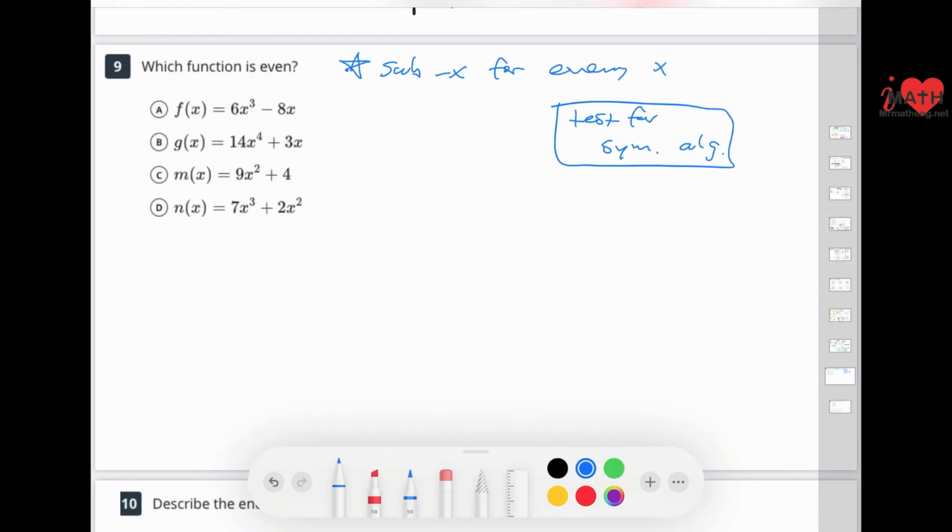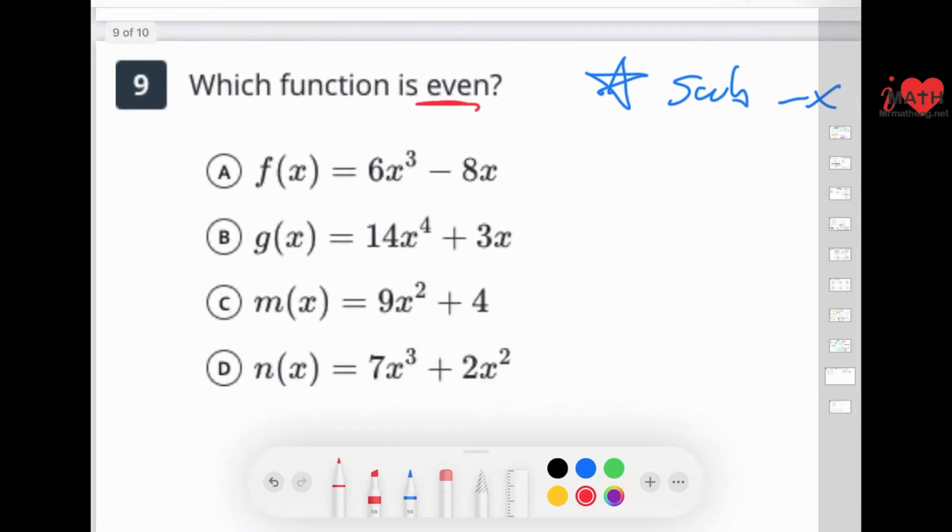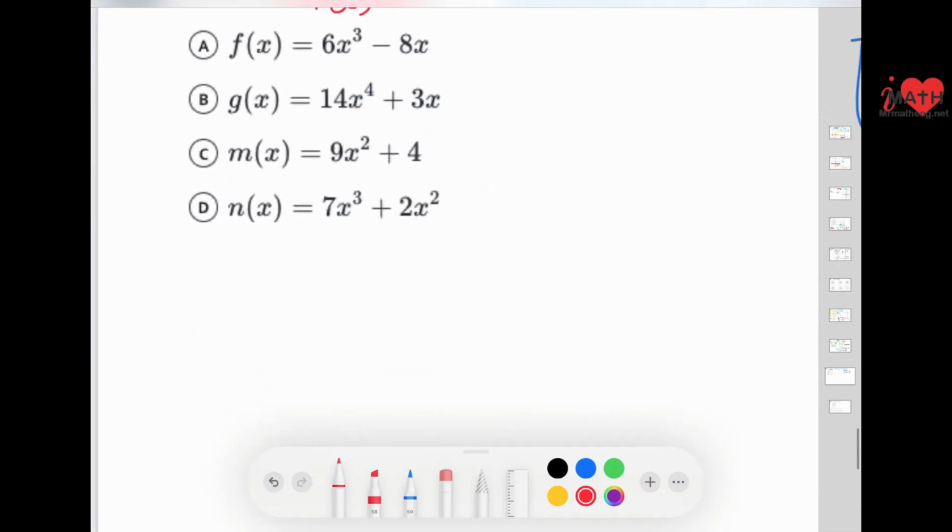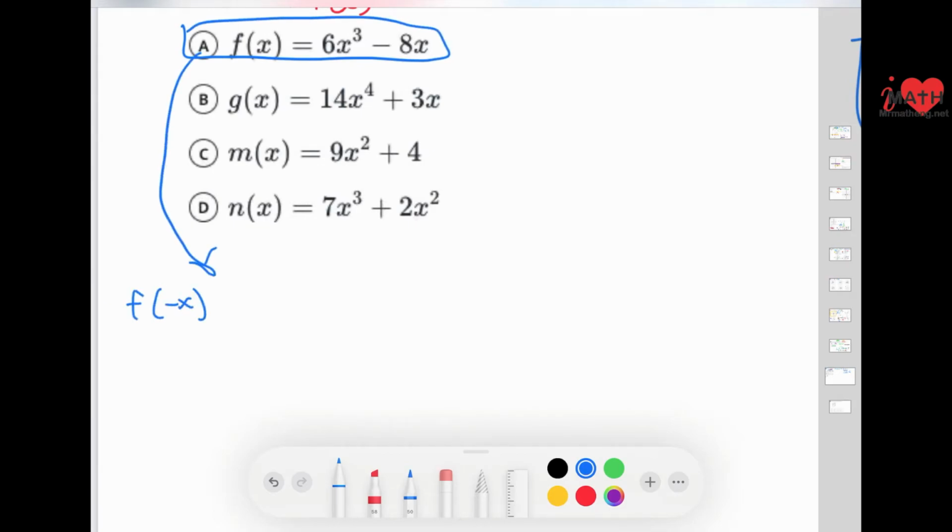It wants to know what an even is. An even basically says that you get the original function. Let's do A. I'm going to put in a -x for every x value. And here I'm just going to use my order of operations, PEMDAS.